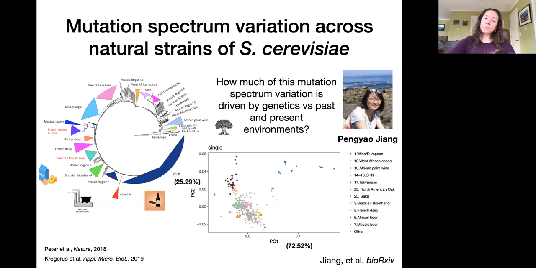Again, we had this question of how much of this inherited variation is driven by genetics versus past and present environments. We're well suited to answer this using yeast because yeast are easy to grow in the lab, and when we measure mutations in a controlled environment, we can isolate just one of these variables.